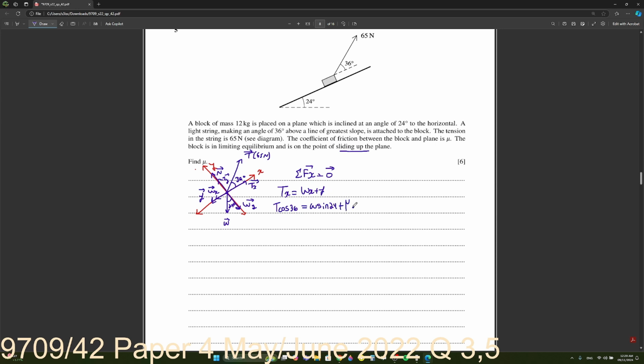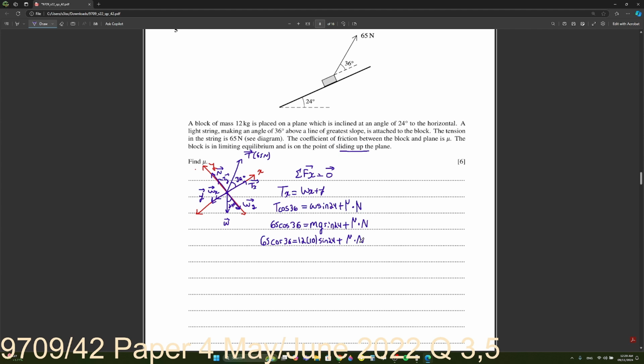We're going to use F as mu times N. T is 65, so 65 cosine 36 is equal to W sine 24, which is mg sine 24, plus mu times N. We continue our substitution: 65 cosine 36 is equal to the mass, which is 12, times g, which is 10, times sine 24, plus mu times N.